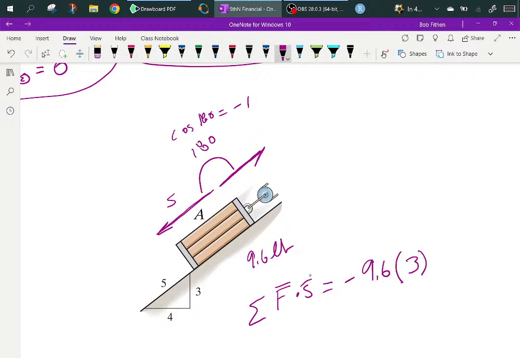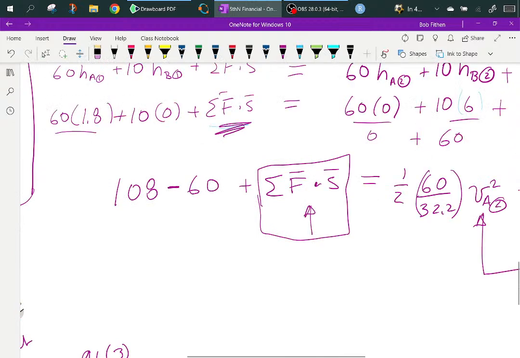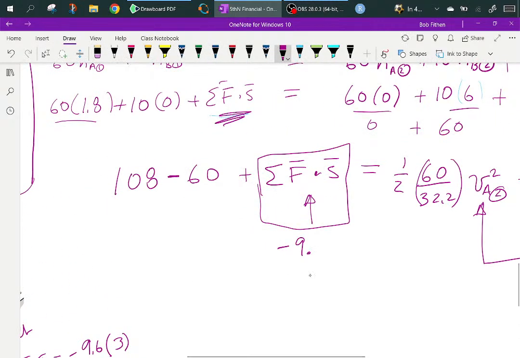Now, if someone were pulling it down, then that force in this direction would be the same, and it would be positive. It would be adding work to it. Since it is slowing it down, it becomes minus 9.6 times 3. Okay, so now I need to address, so I hadn't done this yet.